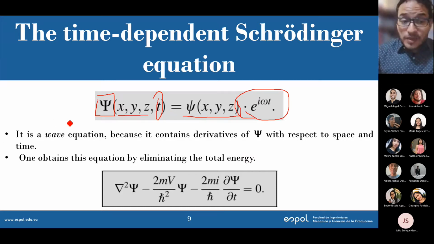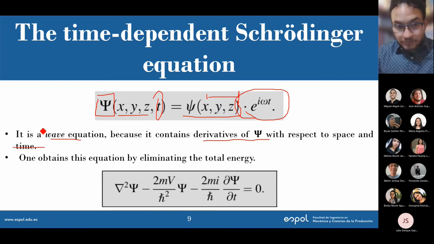So basically, the wave equation now contains the derivatives of the wave function with respect to space, with respect to the directions, and with respect to time.